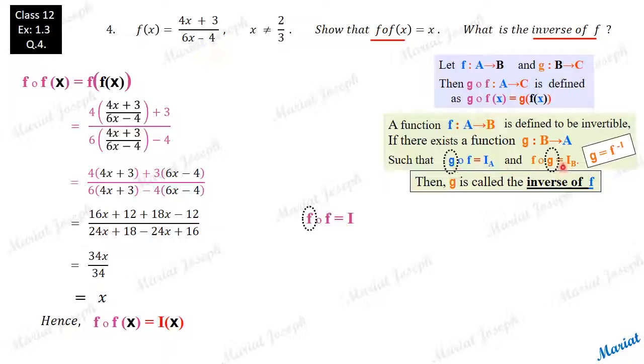Comparing with these two equations in the definition, this equation tells us f is the inverse of f. The definition says here: if g∘f is I, identity, and f∘g is identity, then this g is called the inverse. This kind of an equation we have now between f and f. f∘f is identity.